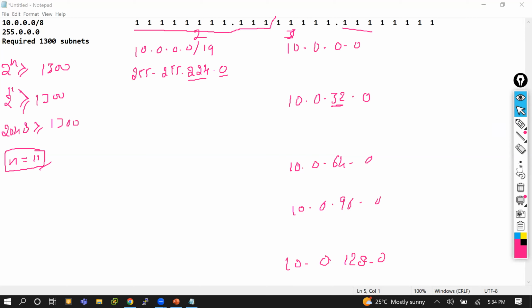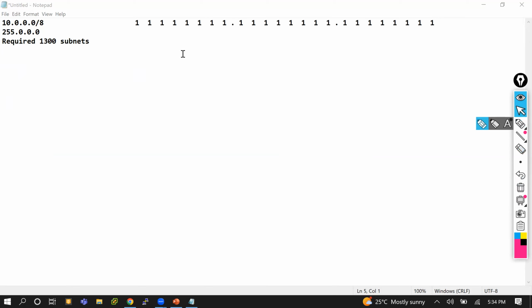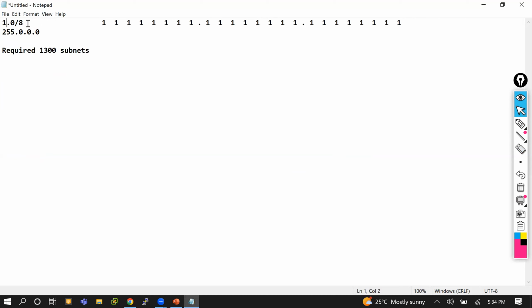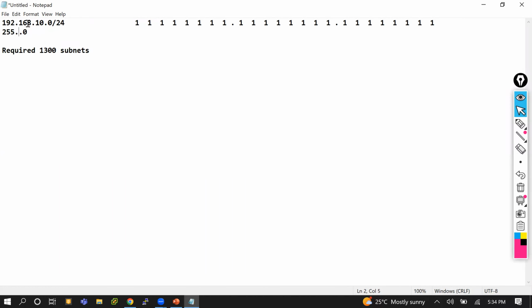Good. Now we are going to do the VLSM. Whatever we have done so far is FLSM. Now we are going to do the VLSM. First I'm going to take class C 192.168.10.0/24, and the default subnet mask is 255.255.255.0.